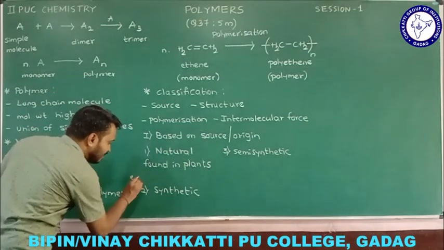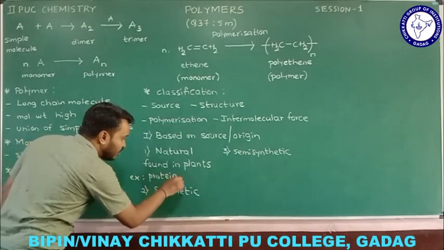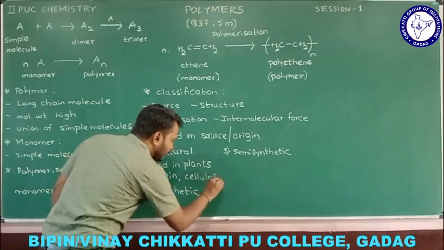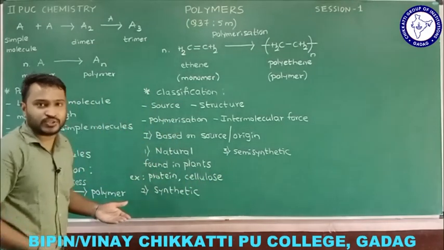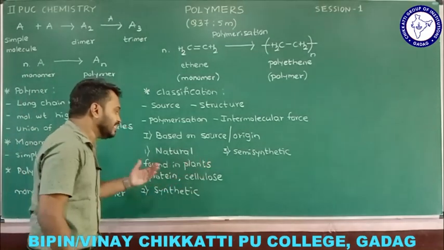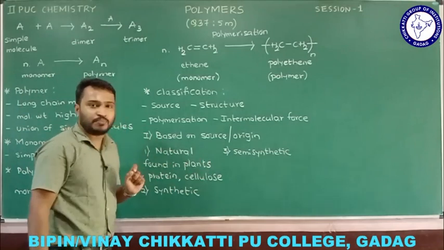Some examples I am going to write. Protein is an example of a natural polymer. Cellulose is an example of a natural polymer. Starch is also an example. So protein, cellulose, starch. Similarly, these are all examples of polymers that belong to natural polymers here.